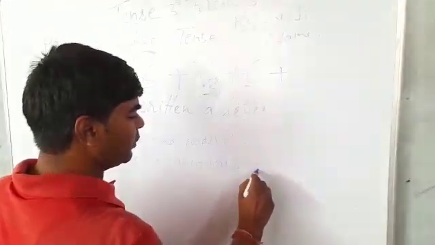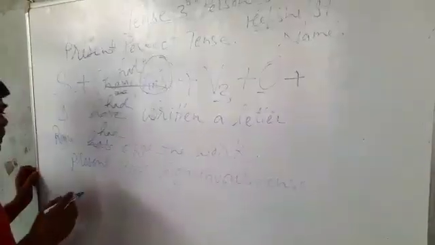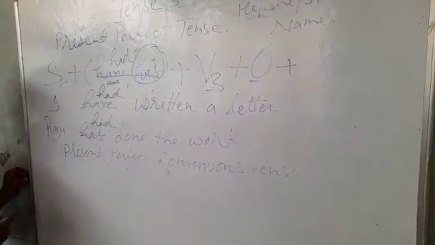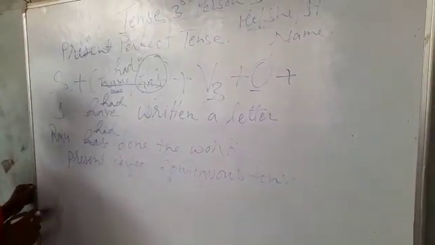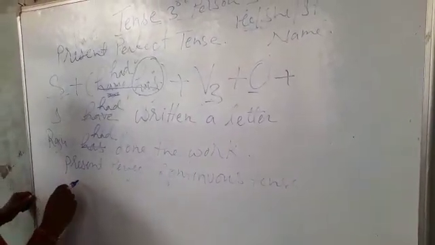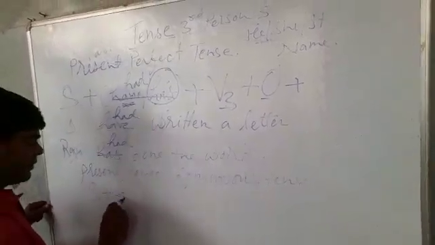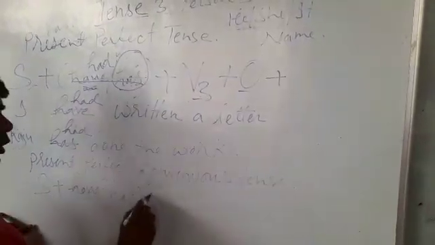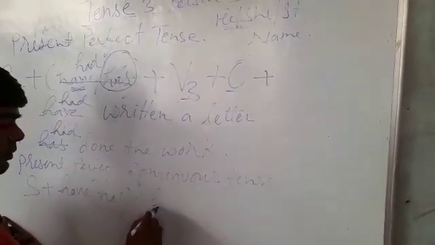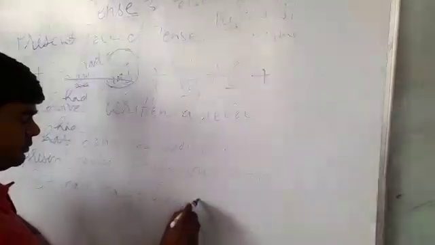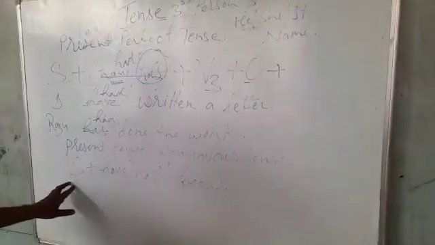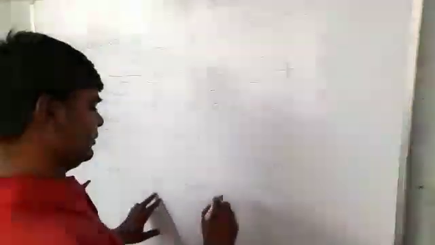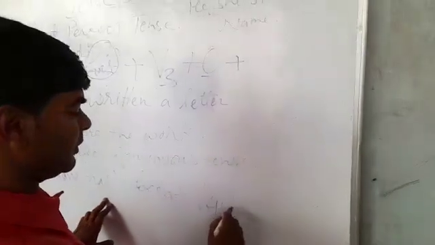Present perfect continuous tense, or we can also call it present perfect progressive tense. So the structure for present perfect continuous tense is subject, have, has, followed by been, V4 plus object.